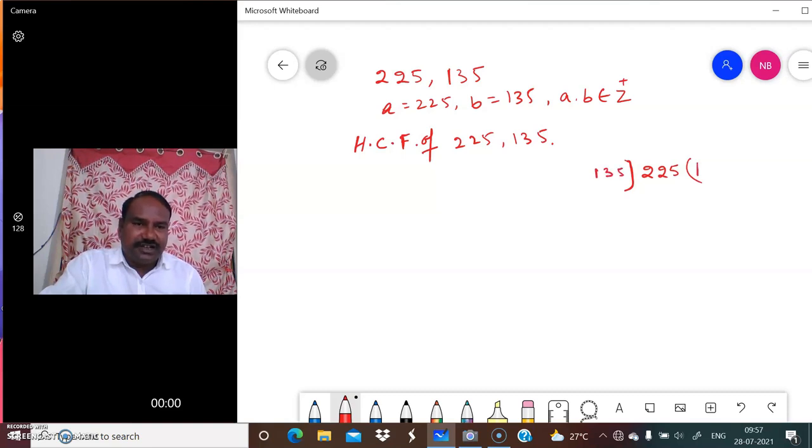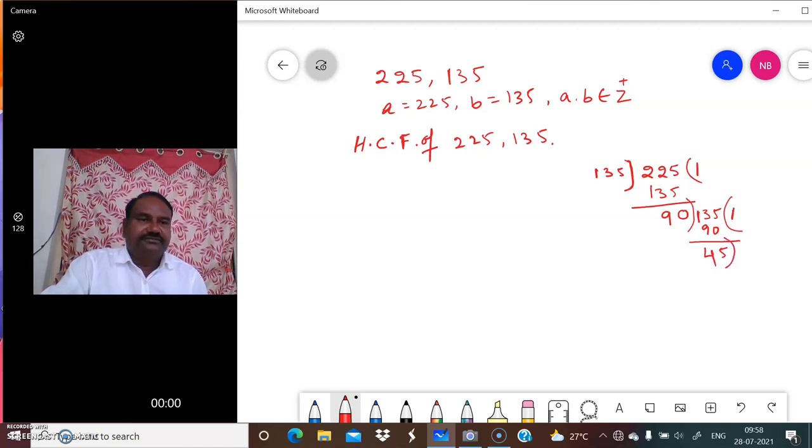So it goes one time, 135 ones are 135. So 225 minus 135 is 90. Now you take this 135 here and continue this division in this way. 90 ones are 90, so 135 minus 90 is 45.